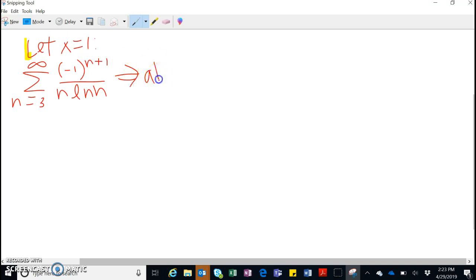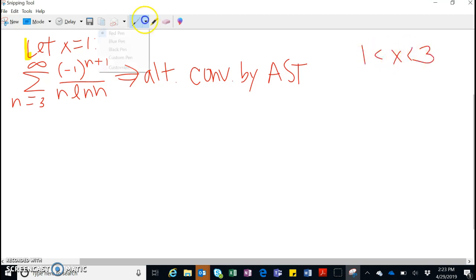This is alternating again, so we just showed in the previous problem that this converges by the alternating series test. I don't need to re-show that. I did all that a second ago, which means my inequality that I had built or started to build is most definitely going to include the endpoint at 1.